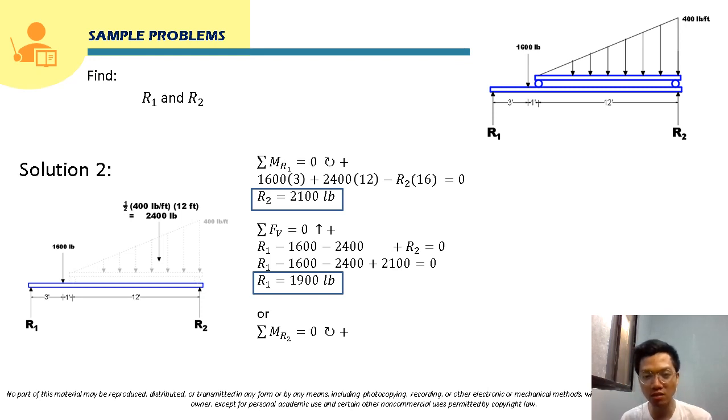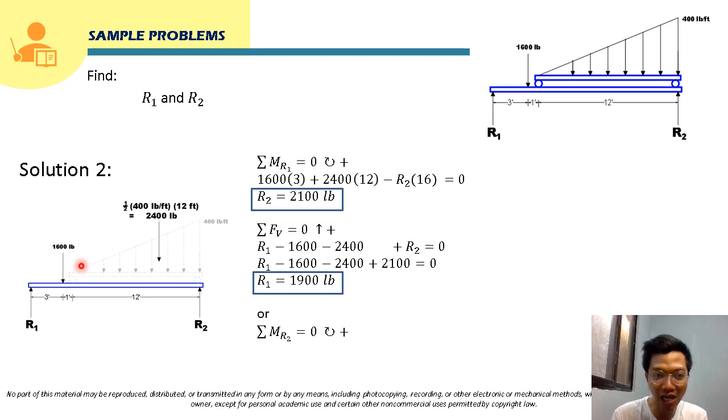You can use summation of moment at R2 for checking. And also, class, I forgot to mention that you can also check if your answers are correct by summing up these two reaction forces. If you sum up these two reaction forces, it should be equal to the sum of the applied load.